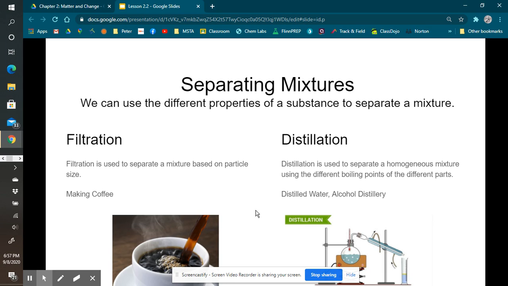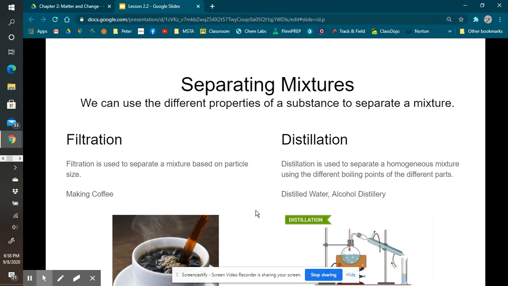If I wanted to separate them, I might be able to sit and pick with my fingers or with a pair of tweezers, but it would be really, really time consuming. But if I focus on the properties of iron, iron is magnetic. And so I could simply run a magnet over that mixture. The particles that are magnetic will come up and stick to the magnet, and the stuff that isn't, the sand, would stay behind. So you can use properties of a mixture to separate them like that.